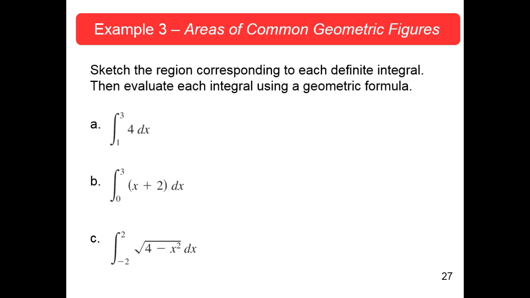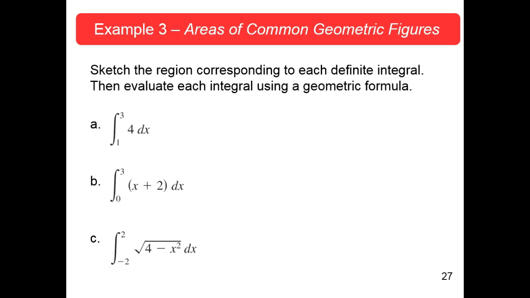What is that in functionality? F of x equals 4. It's a constant function. And if you're going from 1 to 3, 4 from 1 to 3, that's going to be a rectangle.